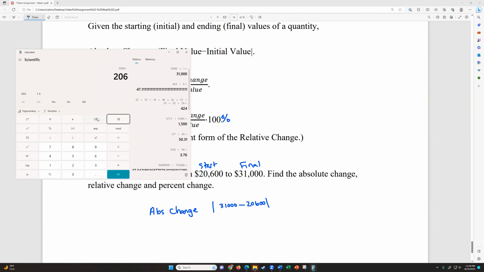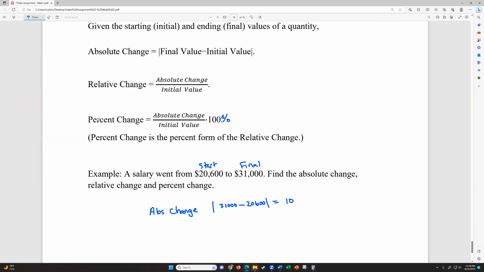Minus 20,600. That's 10,400. And that is in the same units. We don't usually put the units in, but that's in the same units that our original values were in. So we had an increase of our salary of $10,400.